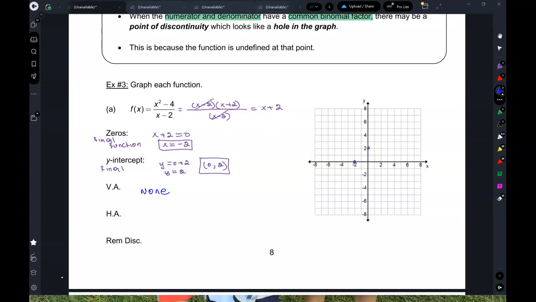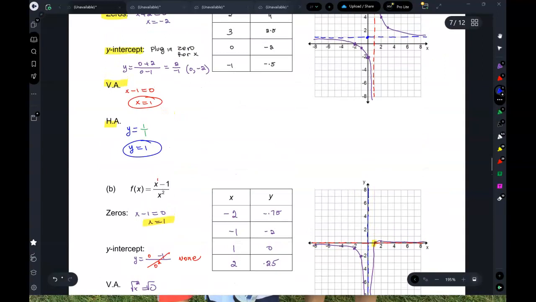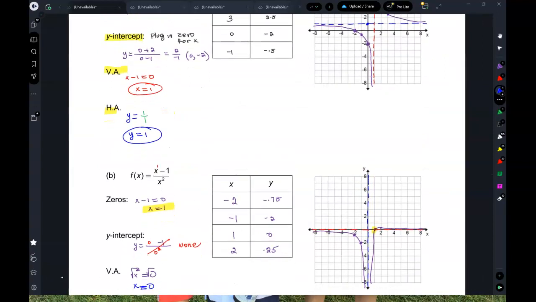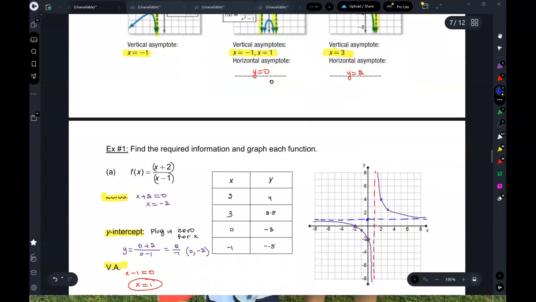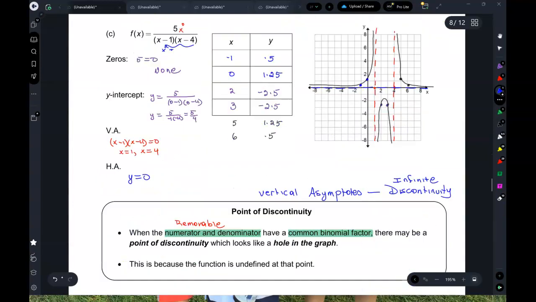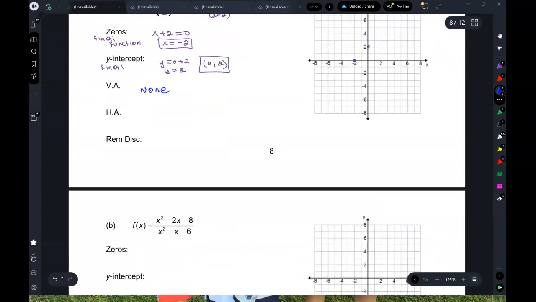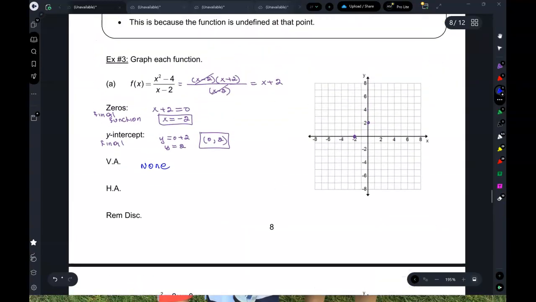So there is no denominator that has not canceled. In the ones that we were doing before, this x squared here never canceled, so we set it equal to 0. This x minus 1 here never canceled, so we set it equal to 0. Now, horizontal asymptote.